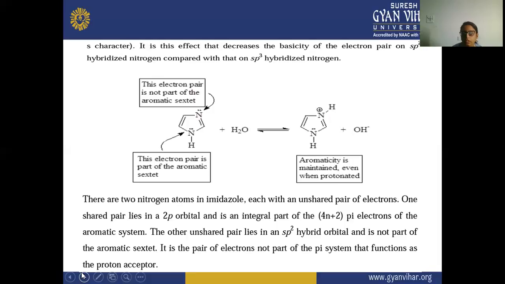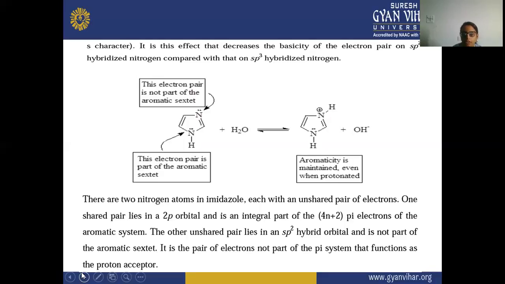So here, of the unshared pairs of electrons, one is shared and lies in the 2p orbital, an integral part of the 4n plus 2 pi electrons of the aromatic system.